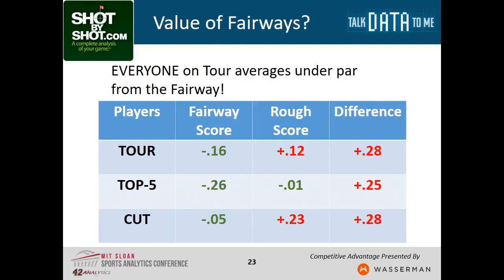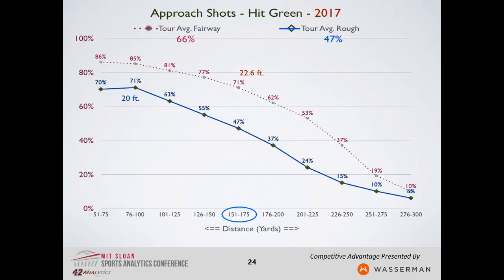If you look at the fairway scores, this is scores after a player has hit the fairway, the top 5, even the players that missed the cut, average under par. And then from the rough, they don't, except the top 5 do. So the average is about a quarter of a shot between playing from the fairway and playing from the rough.